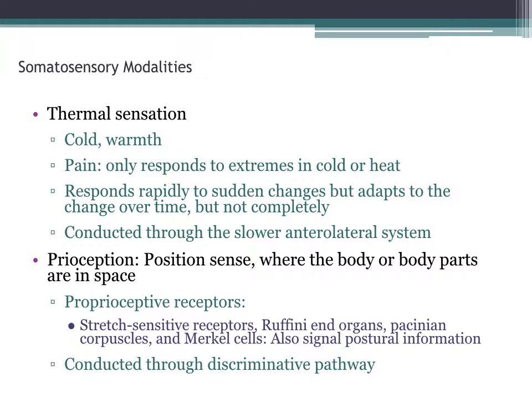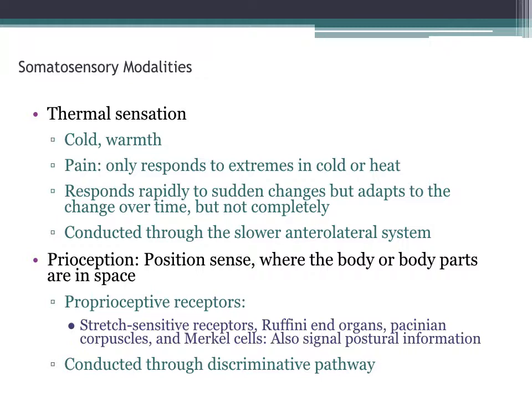So if I stick my hand down in ice cold water, I'm very quickly going to know, oh my goodness, that was cold. But if I leave my hand in that cold water, over the next few minutes, it's going to go, yeah, it's cold, but all right, whatever. And we'll see the opposite in people that like to take really hot baths. Initially, when they get into the bath water and it's really, really hot, they'll kind of go, ooh, that's kind of hot.